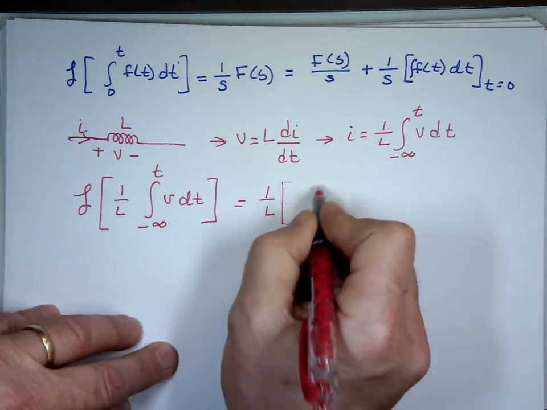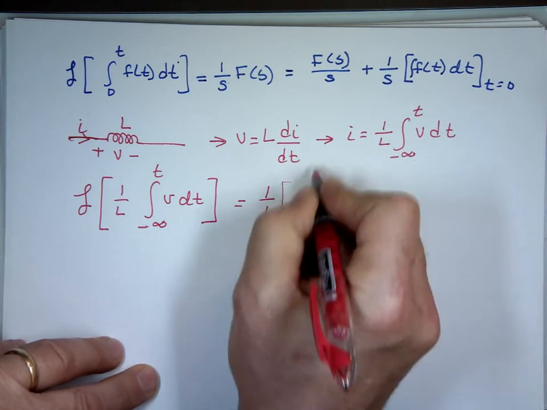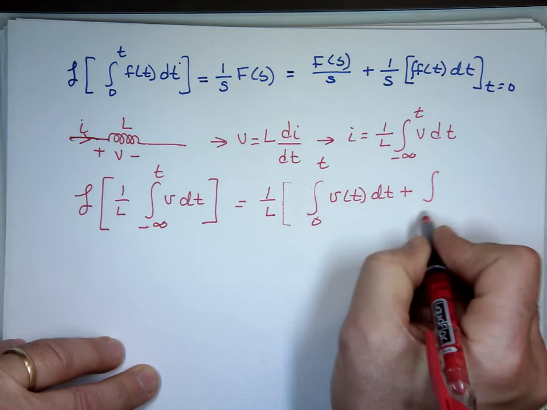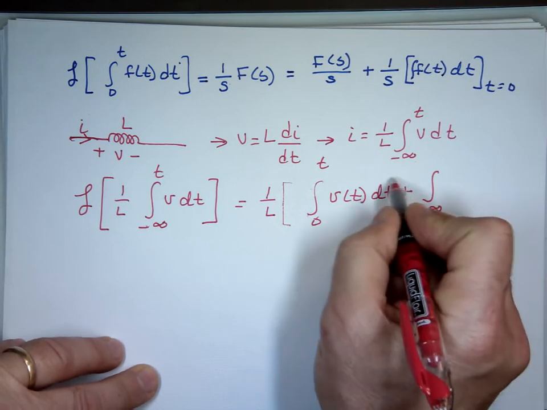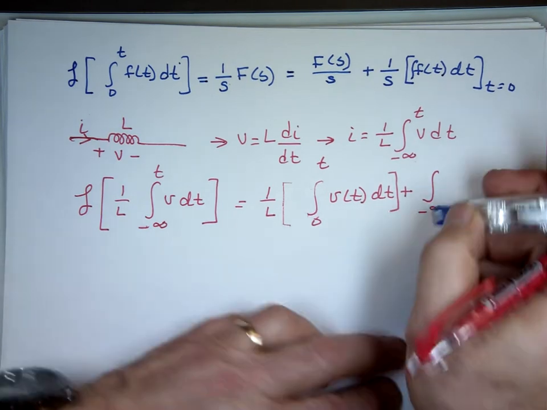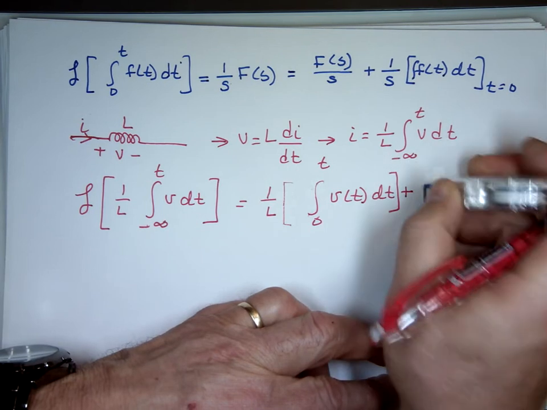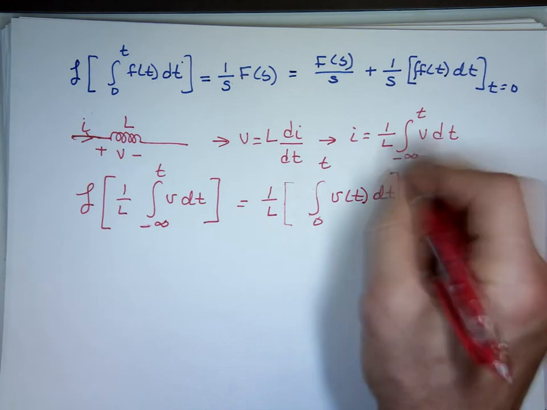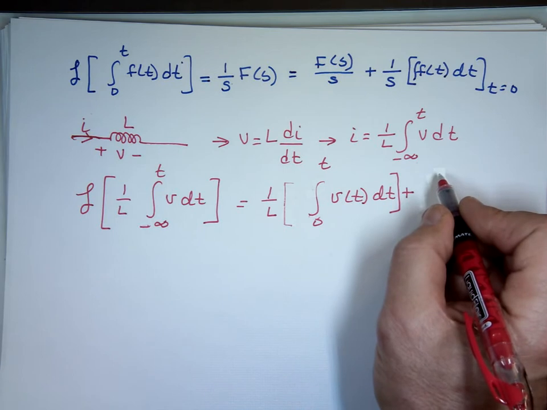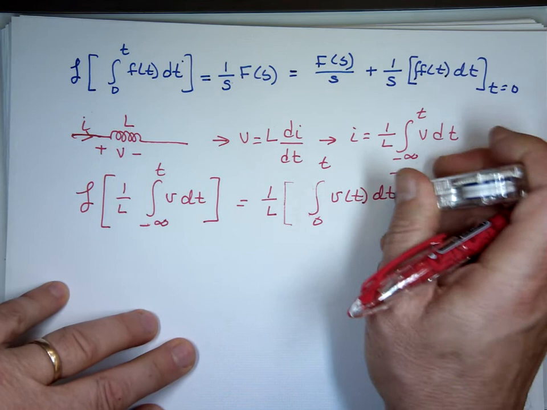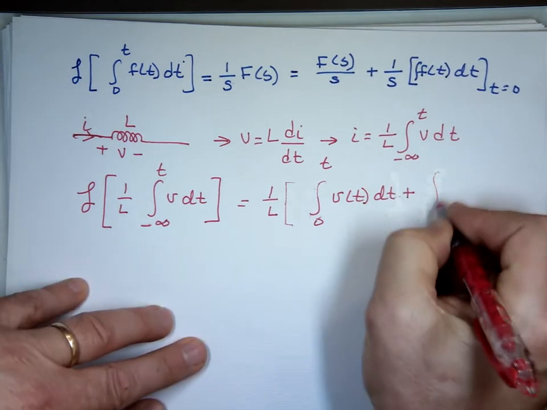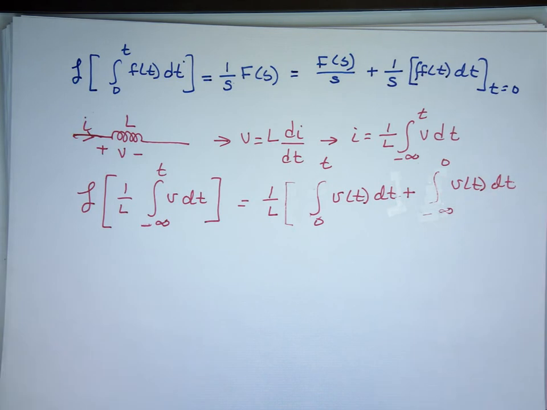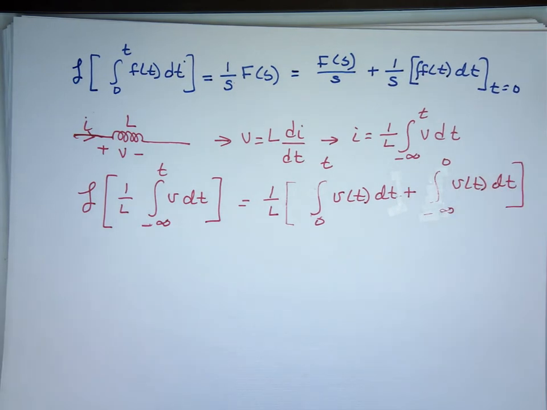I'm going to go from 0 to t of v dt plus the integral from negative infinity to 0, times 1 over L. I broke it down: instead of negative infinity to t, I go negative infinity to 0 plus from 0 to t.